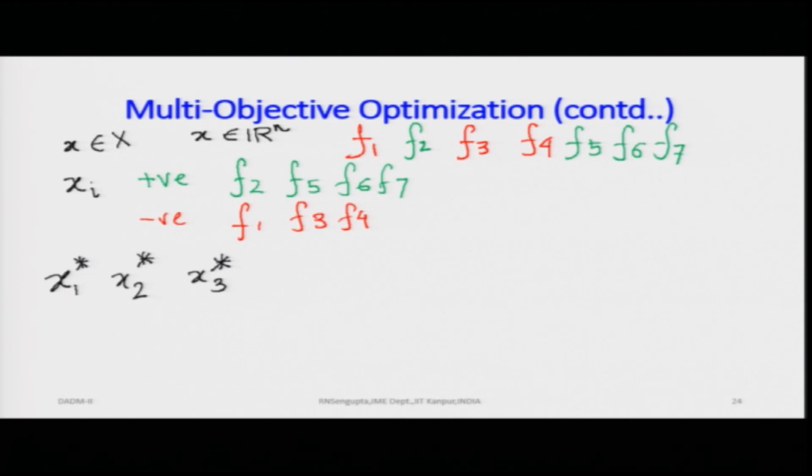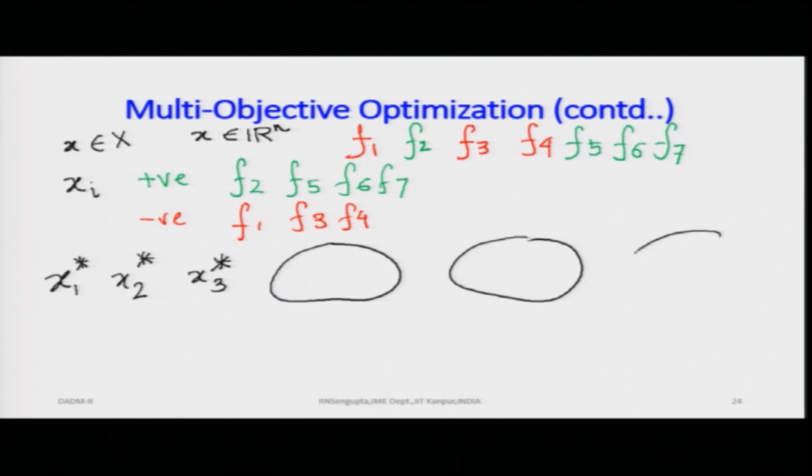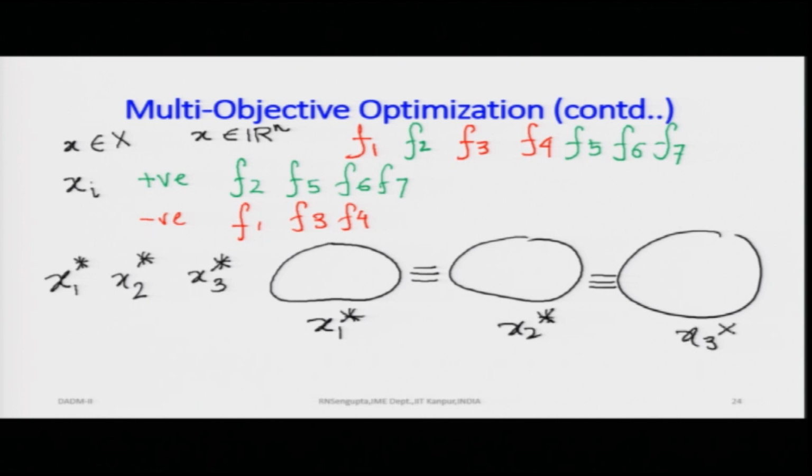So they give me the best solution. So what is best? It may be possible that the bundle of outputs which I have may be equal. Consider this is x1 star, x2 star, x3 star.